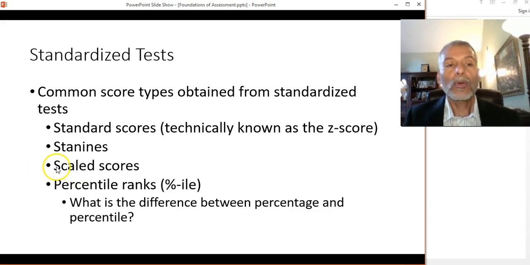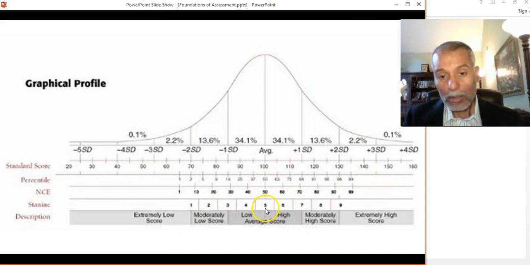So a scale score of 7 here equals a stanine of 5, and it equals a normal curve equivalent of 50. It equals percentile rank of 50, and the standard score of 100. Again, the scaled score of 7 is the average and is the mean.